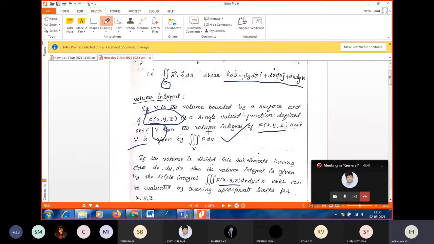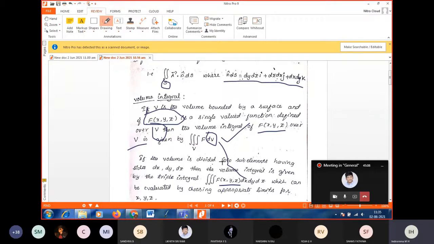What is dv? Obviously dv is equal to dx dy dz, because the volume is divided into a number of sub elements with the dimensions dx, dy, dz.